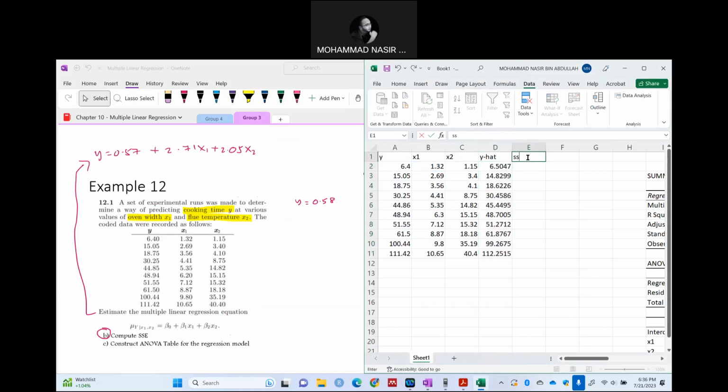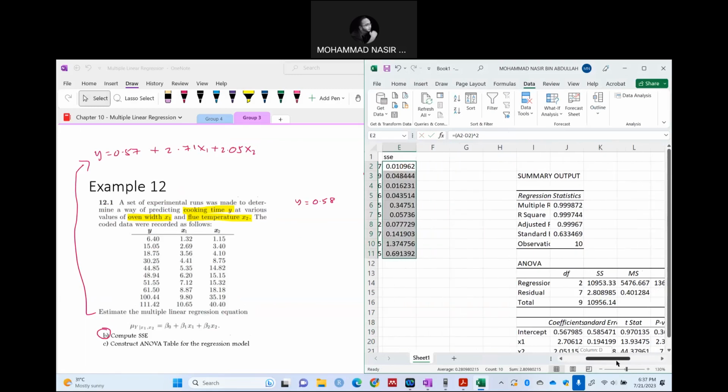So this is SSE, equal to Y minus Y hat square. Right. So the summation is 2.8. Do you see? It's the same, right?